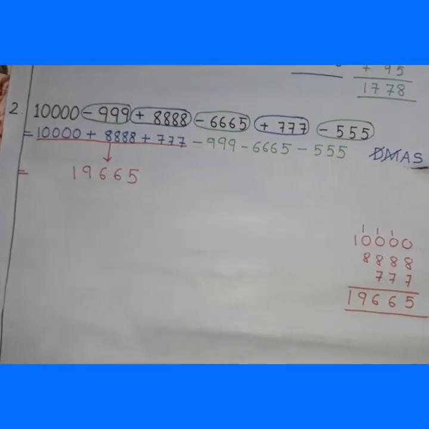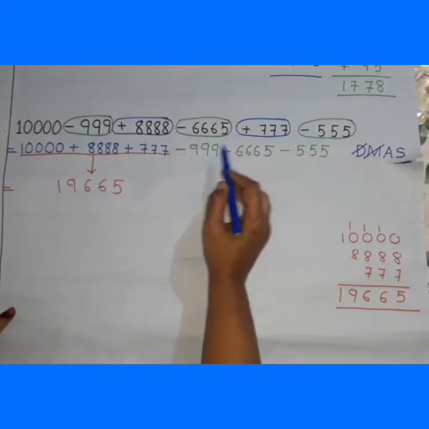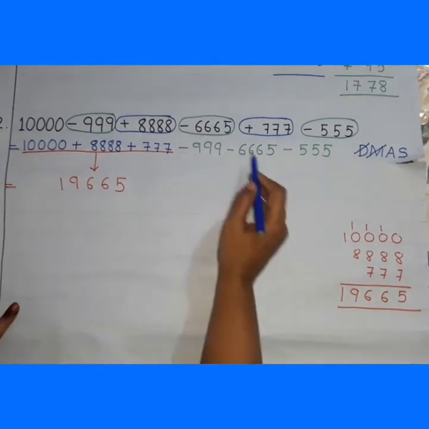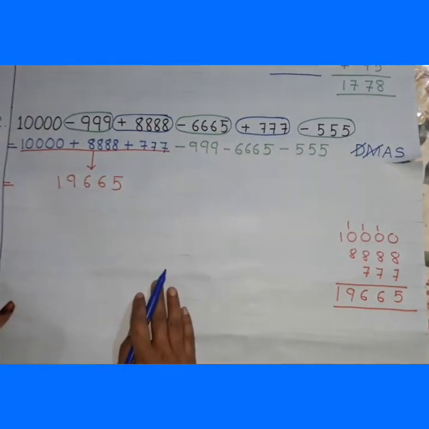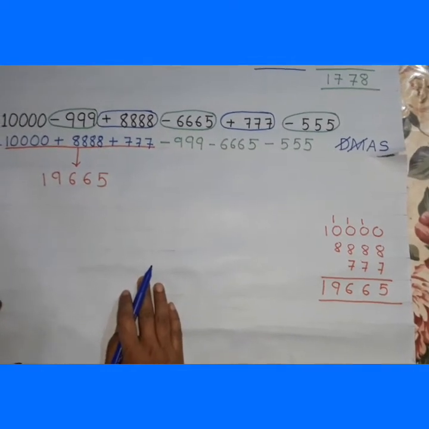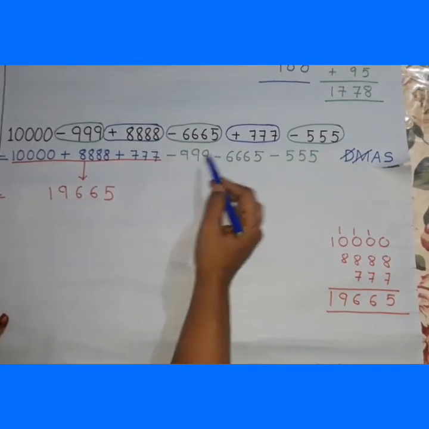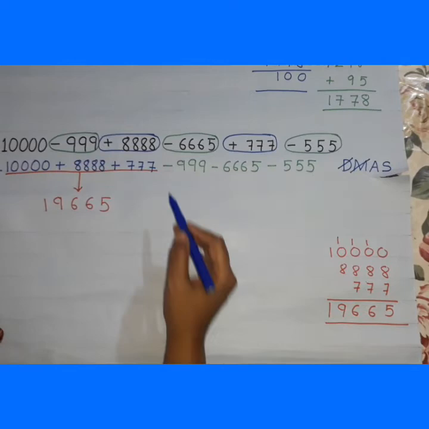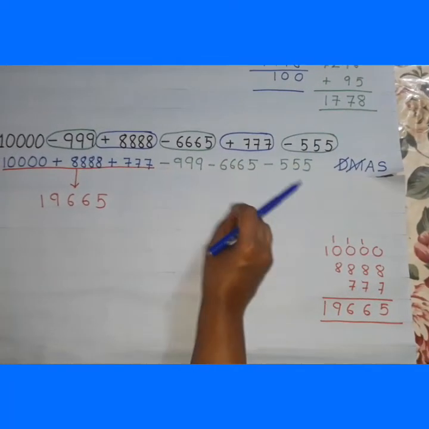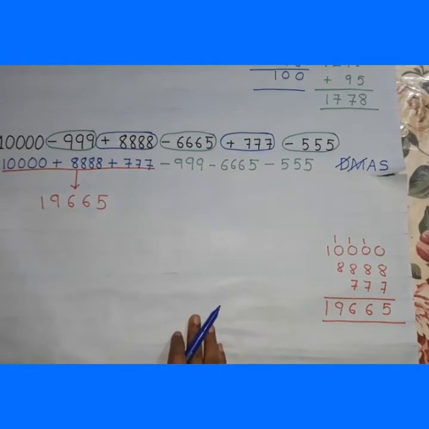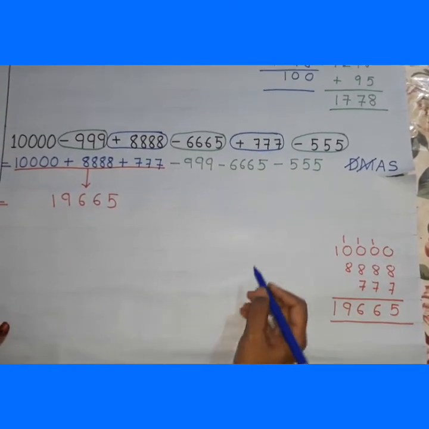Now, next. I have three numbers with minus sign coming before them. Am I right? So, what's the rule? If two or more than two numbers are with the minus sign, we are supposed to add them up. Do you remember? I just had told you in the previous example.